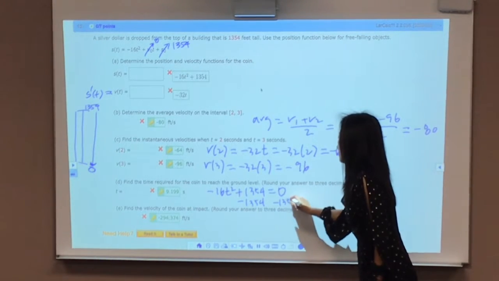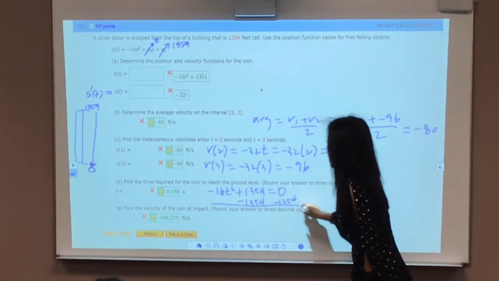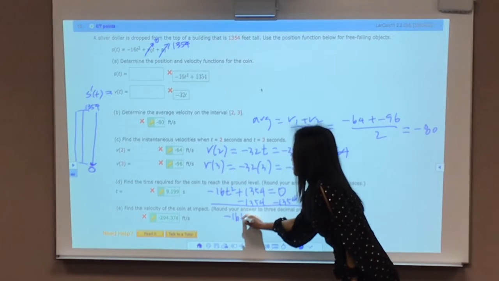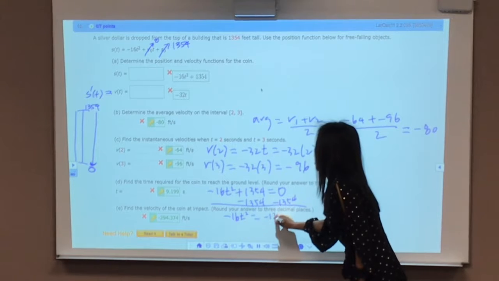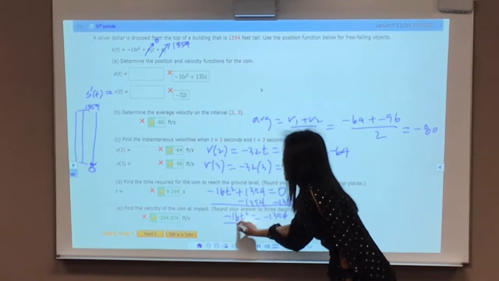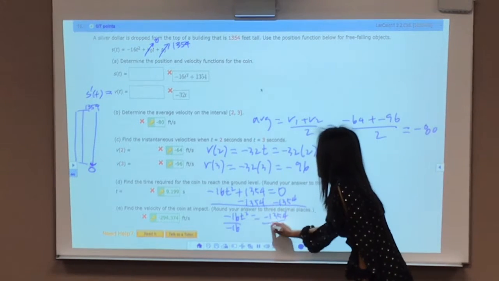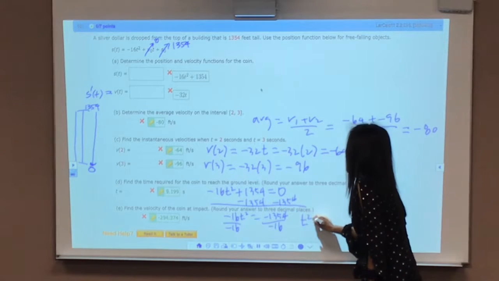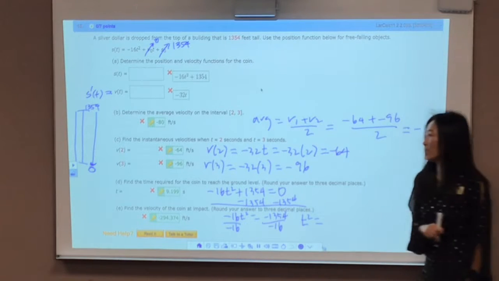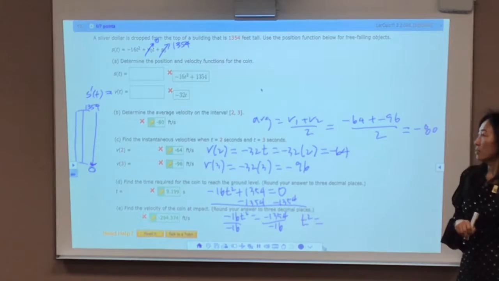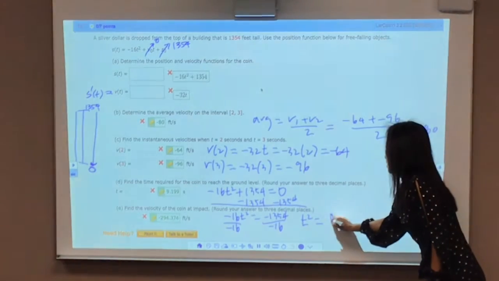So negative 16t squared is equal to negative 1354, divided by negative 16. What's my t squared equal to? Put that in your calculator, what's that equal to? 84.625.